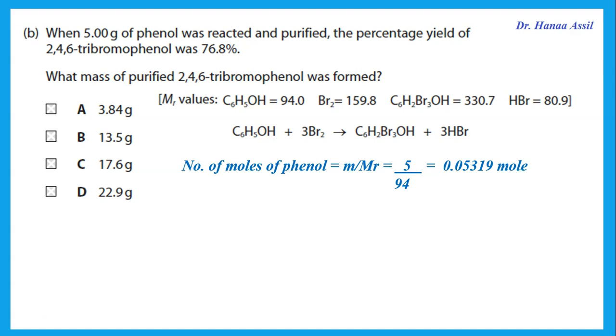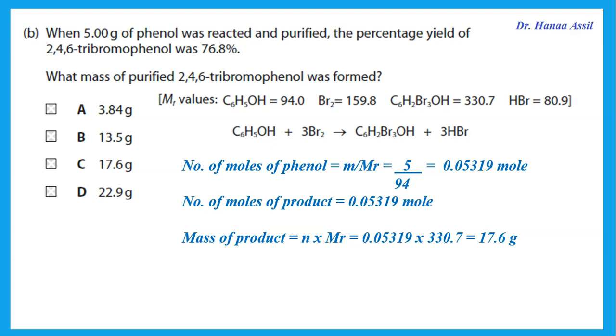Now looking at the equation, the number of moles of the phenol is the same as number of moles of the product. So number of moles of the product that we should get is this, and that means the mass that I should get, the theoretical mass, is number of moles times Mr of the product. So we were supposed to get 17.6 grams, but that is if it is 100% yield. This is the maximum amount of yield that I could get.